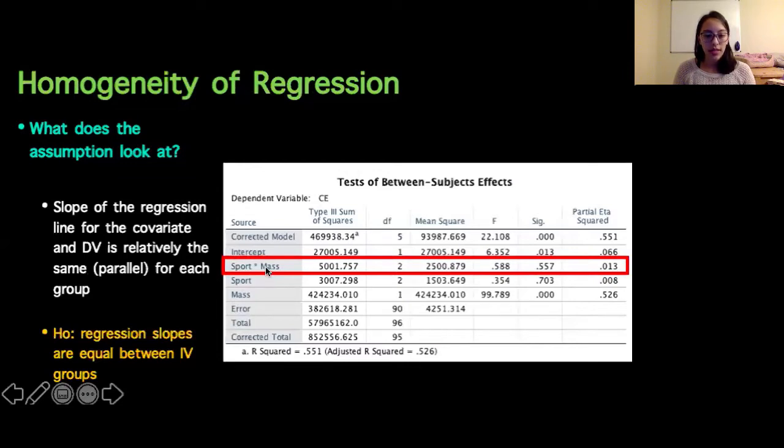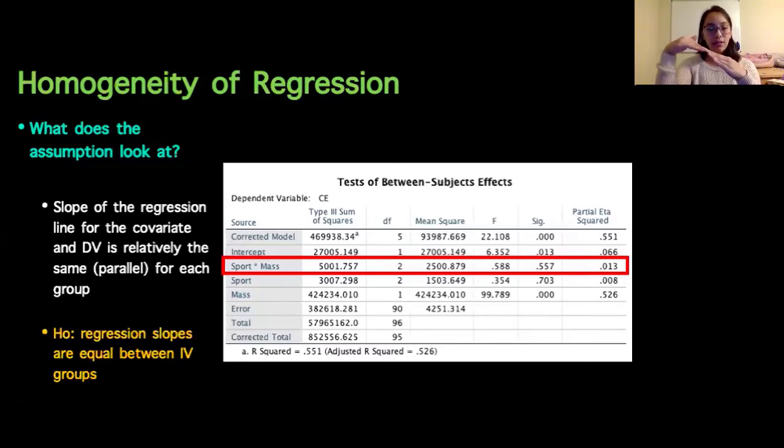Which doesn't sound intuitive based on how it's written, because really what we're looking at is the slope of the regression line. What goes into the regression is the covariate and its relationship with the dependent variable, right? That relationship is going to create a line of best fit based on your data.